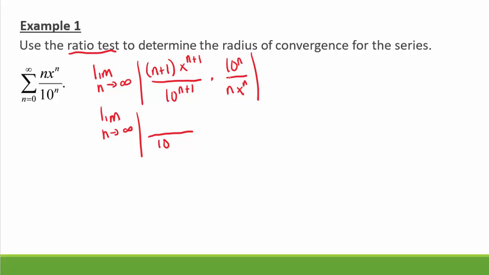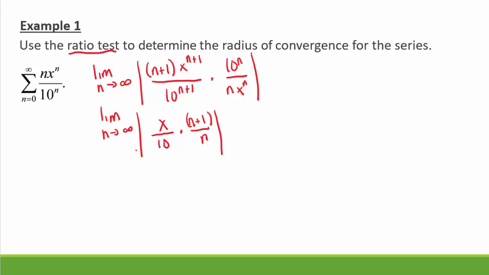The x to the n plus 1 over x to the n, I'm going to be left with an x on top. And then I am left with n plus 1 over n. I'm going to put a little parenthesis around that just to be mathematically correct.